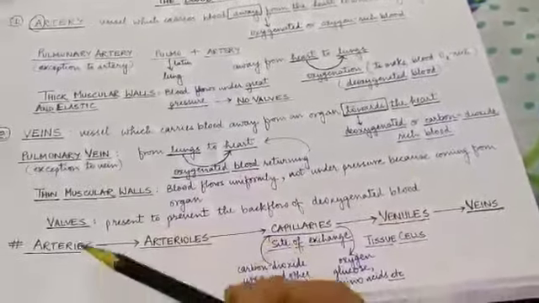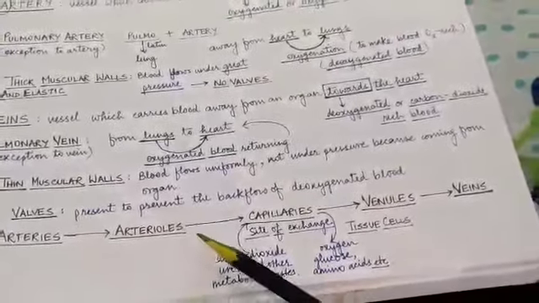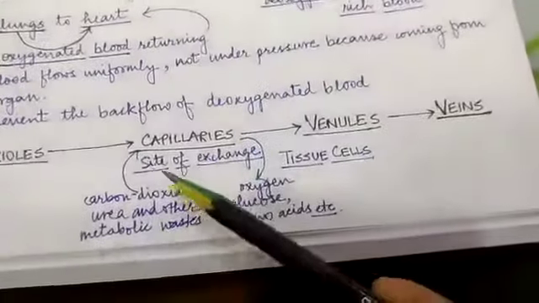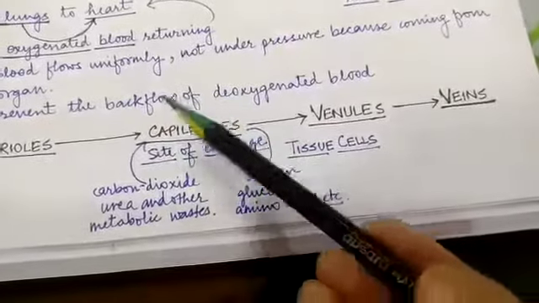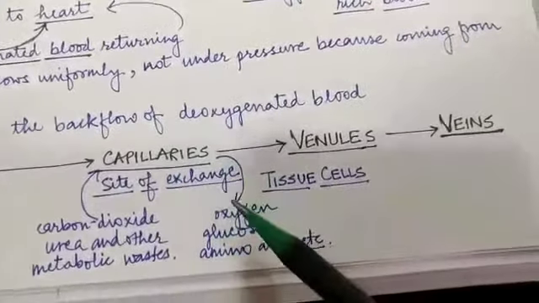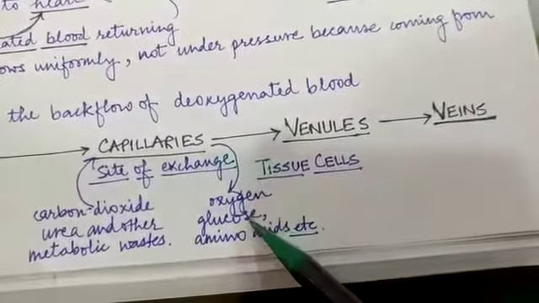Then these arteries further branch into arterioles. These arterioles terminate into capillaries where the exchange happens. So we can say the capillaries are the site of exchange. Now what gets exchanged here? If these are the tissue cells, oxygen diffuses out.